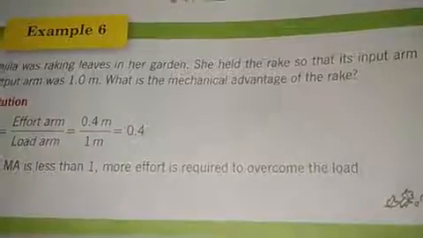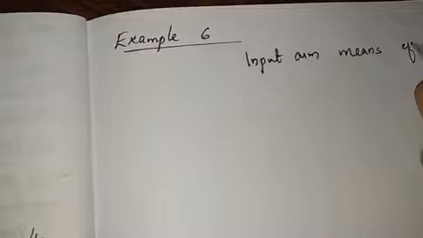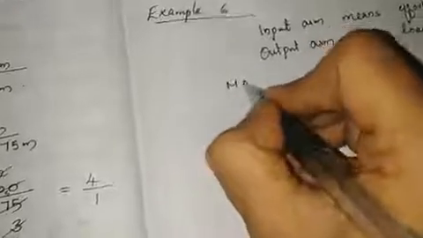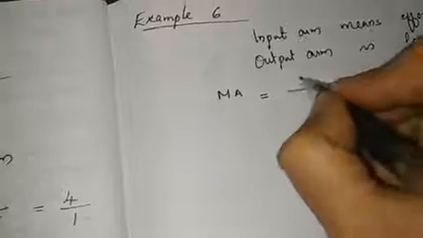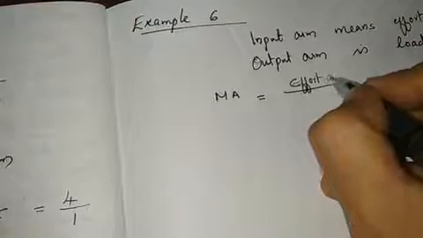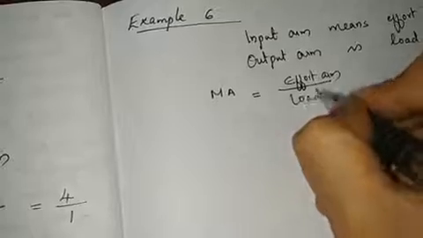So we will do that. We can write in the notebook, input arm means effort arm, and output arm is load arm. What we have to find? Mechanical advantage. So mechanical advantage is equal to effort arm by load arm.